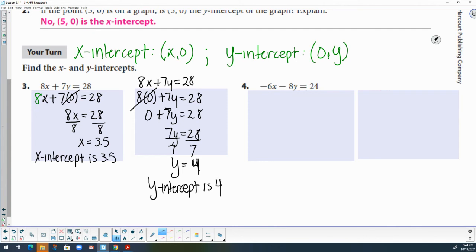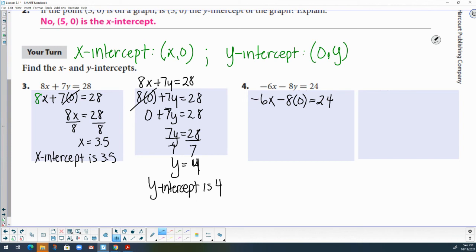Once again, I'm going to solve for my x-intercept, and then I'm going to solve for my y-intercept. I'm just going to take it one at a time. So for my x-intercept, my y is 0, and I just look up and see. Just look down wherever you wrote it to make sure that you're substituting it in correctly.